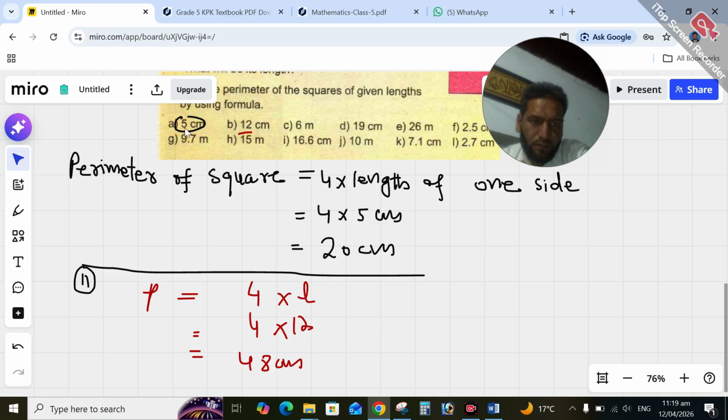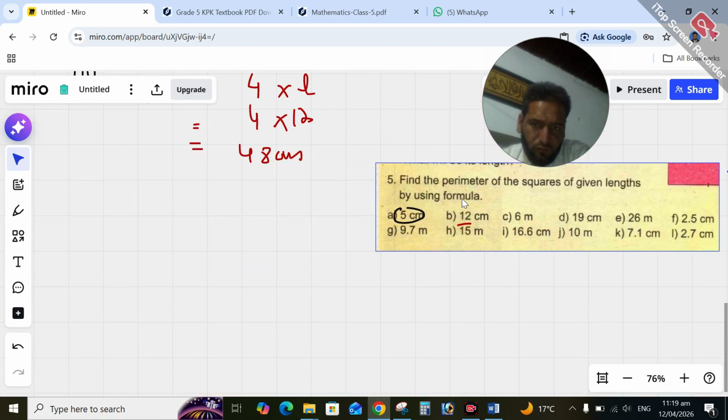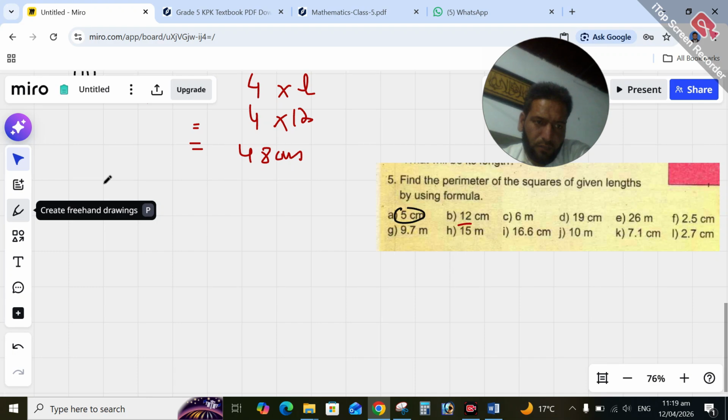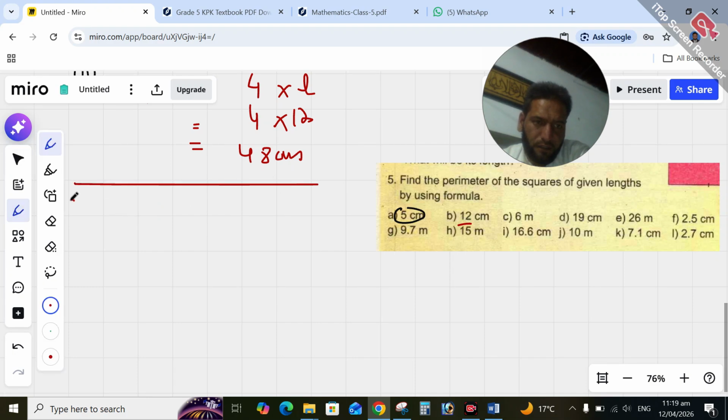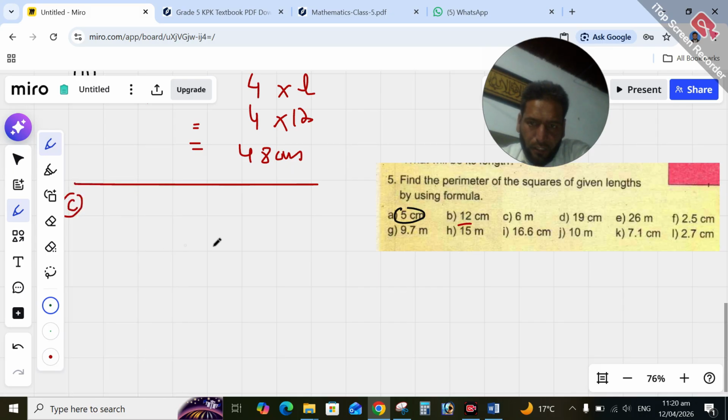The next question is part C. One side is 6 centimeter, length is given, that is 6 centimeter. So the perimeter of the square is denoted by 4 times the length of one side.